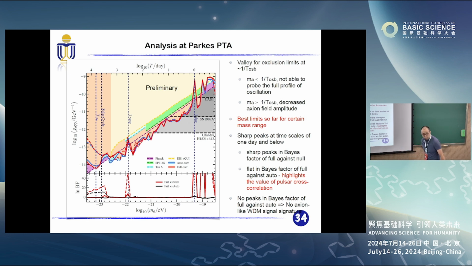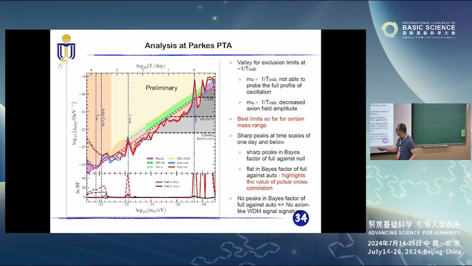So for the first case, we can say indeed, corresponding to these sharp peaks, some other sharp peaks also appeared for the Bayes factor of the full correlation signal model against the no signal model.